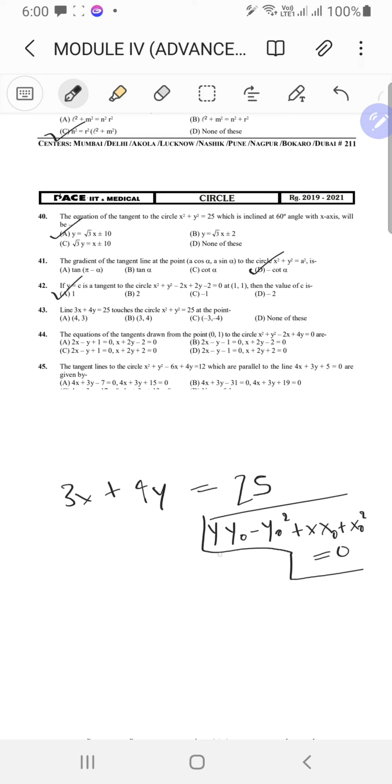So comparing this with that, the coefficient of x is x naught, so 3 upon x naught must be equal to 4 upon y naught, and that must be equal to the constant, which is minus 25, upon the constant over here, which is, okay, is this minus y?